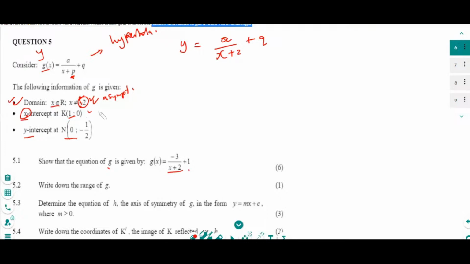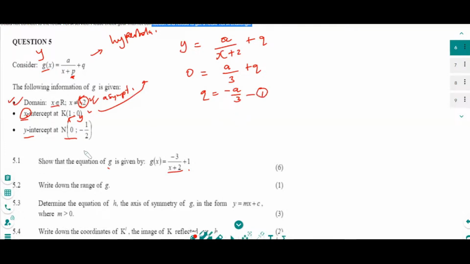Let's see at the x-intercept, x is 1 and then y is 0. I'll replace this with a 0. That is my a. Remember, x is a 1, so 1 plus 2, that's a 3, plus q. Okay, which means my q is negative a over 3. That can be my equation number 1.